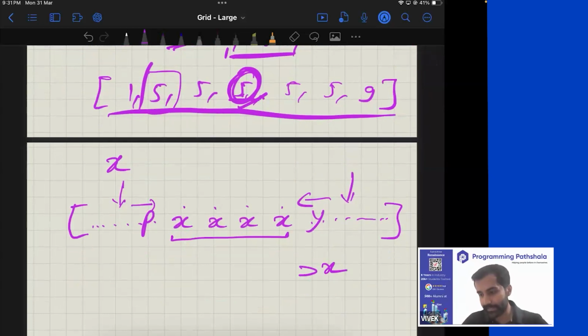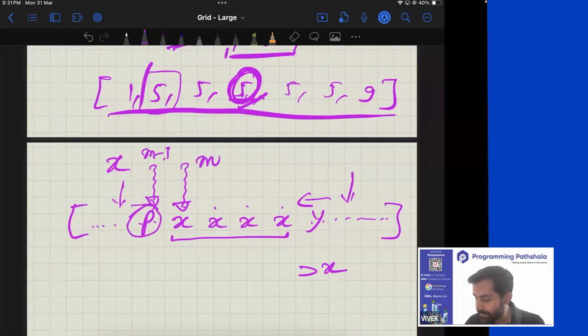So there are multiple ways of handling this. One simple way to handle is just use your common sense and tell me, how can you for sure say that whatever index you are pointing to is actually the first occurrence? You can do that by immediately checking the previous index. So let's say this is your midpoint. You can check the value at mid minus 1.